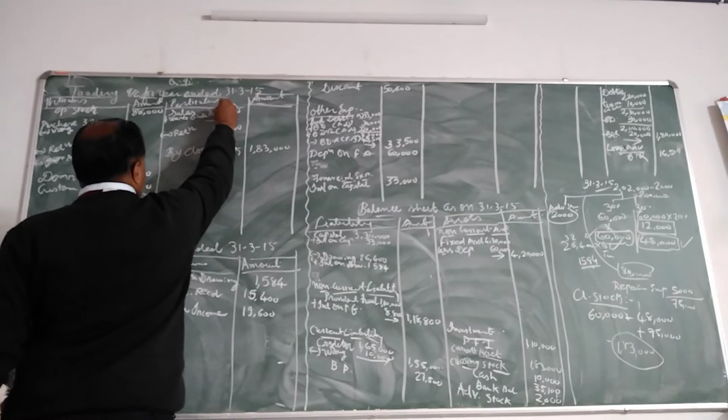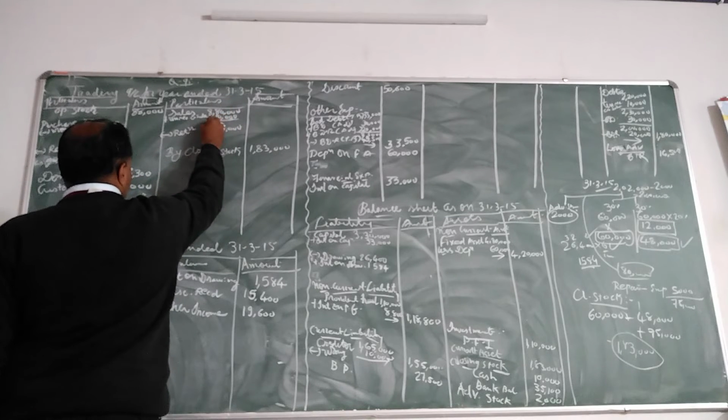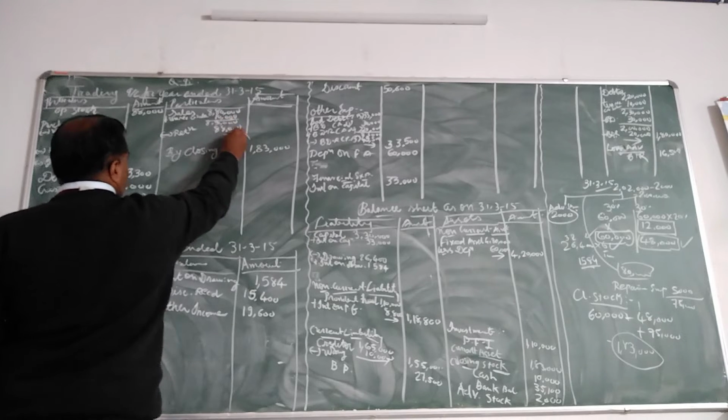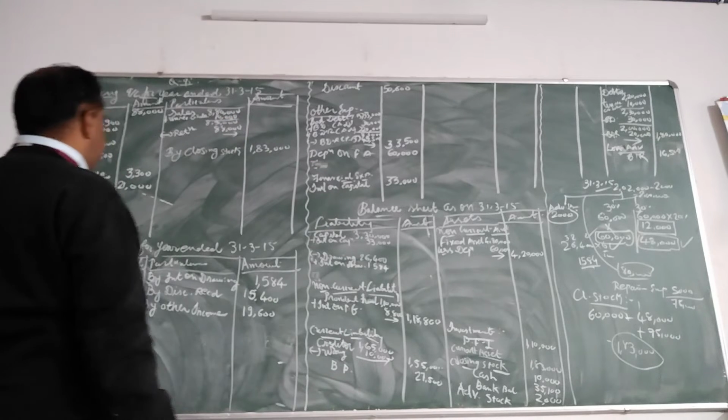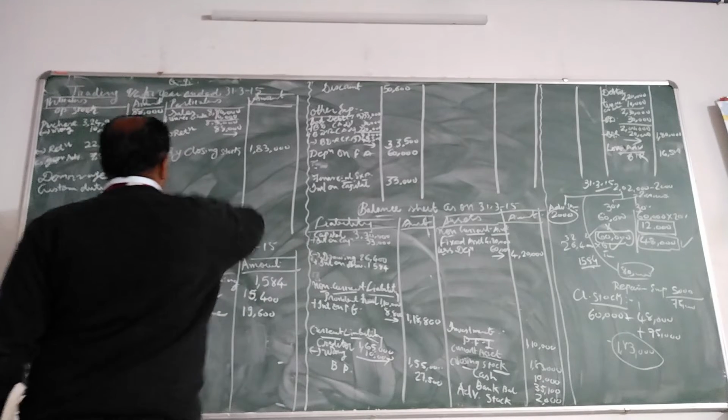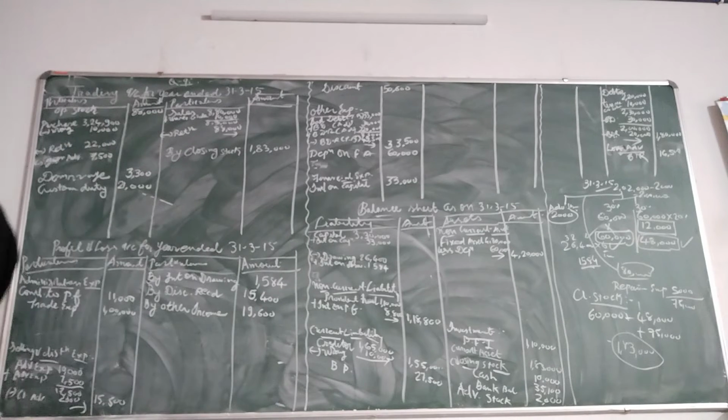Sales 8,80,000 plus 10,000 is 8,90,000, minus sales return 88,000.